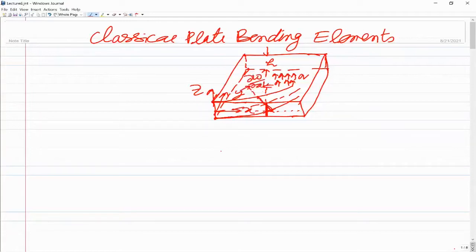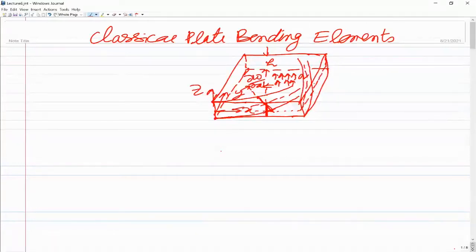where w is the transverse displacement. Similarly, if we look at the yz face, let us say this yz face deforms like this, and the middle surface would be something like this.